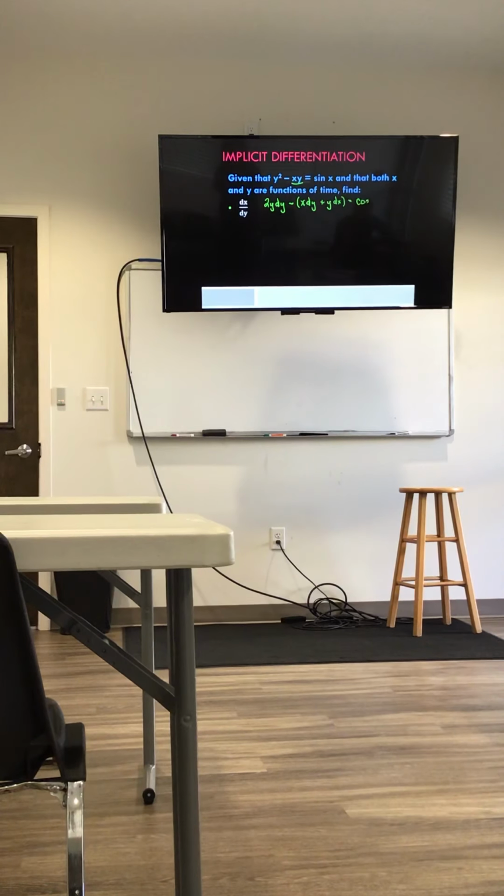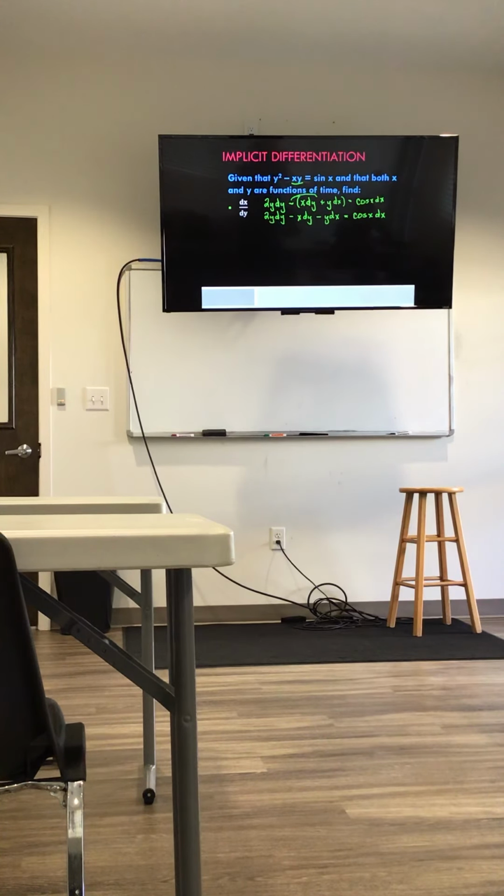And because we're doing a differential in step 1, I need to include that dx in our question. Okay, so that's step number 1. We just did the differential of every single piece of the question. Before I switch to step number 2, because this question has parentheses, just like we did yesterday, we're going to go ahead and distribute. So I have 2y dy minus x dy minus y dx equals cosine x dx.